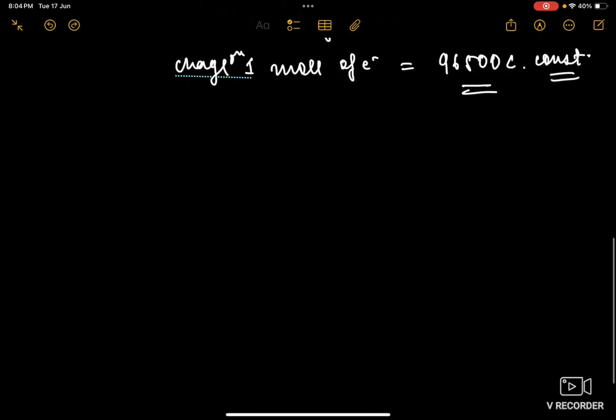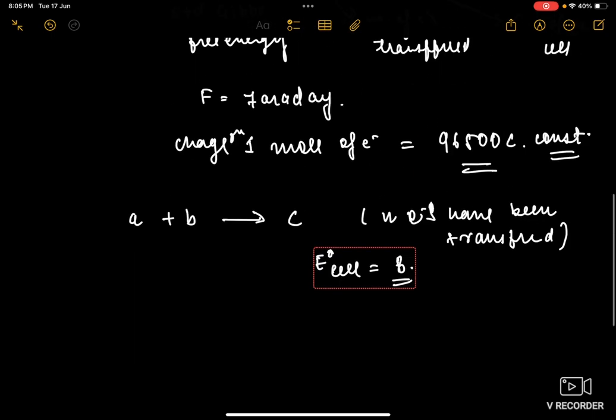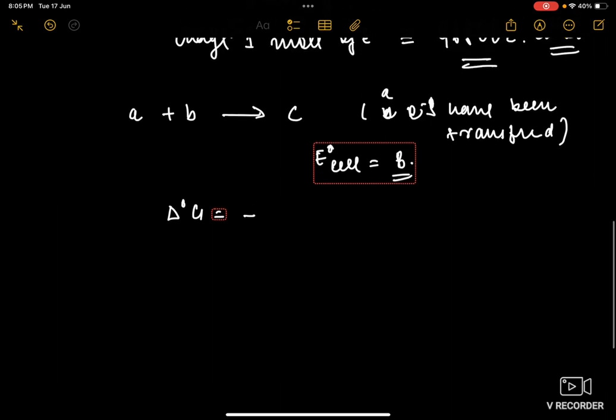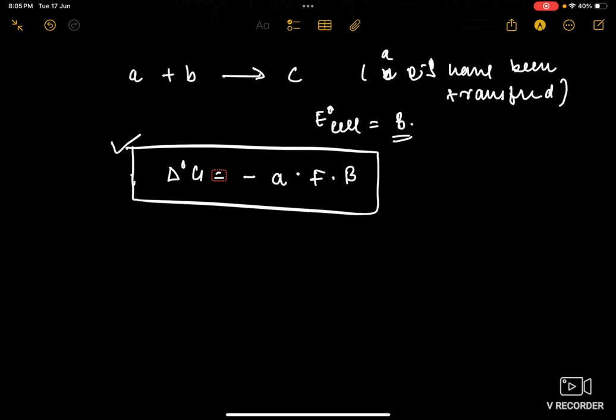For example, let's take a reaction A plus B gives us C, and let's say n electrons have been transferred, and E naught of the cell reaction is given as, let's say, capital B. So delta G naught will be equal to minus n F E naught, where n is A, the electrons transferred, F is the Faraday constant, and E naught is given as B. So this is the standard Gibbs free energy.